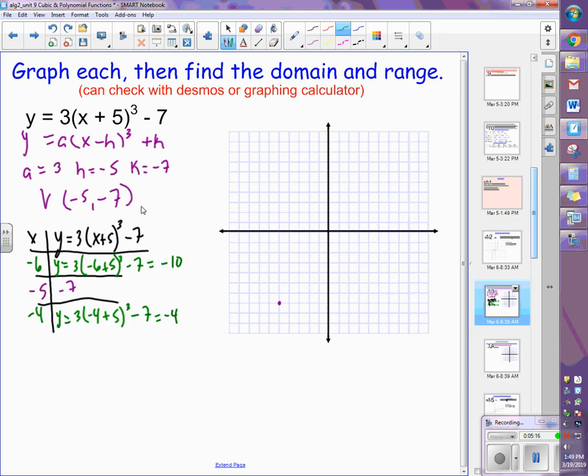So I need to plot negative 6, negative 10. So that's right here. And then negative 4, negative 4, which is right here. And do your very best to make it curve like an S. Again, this is where the curve starts at the vertex.